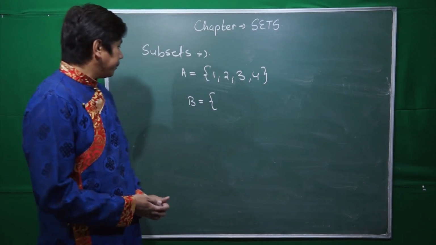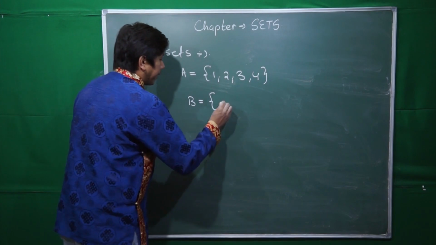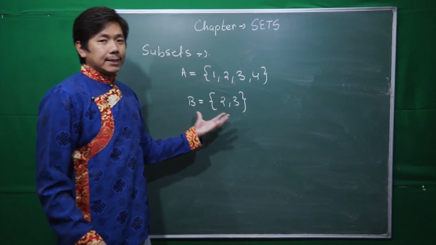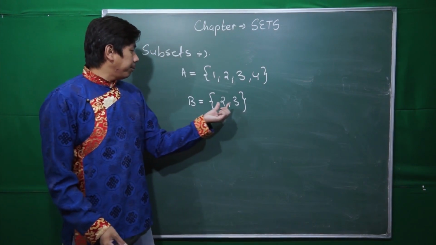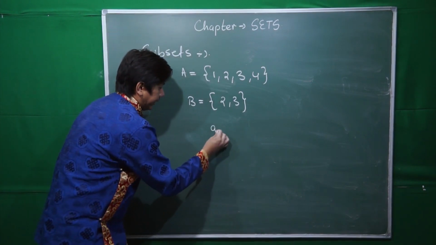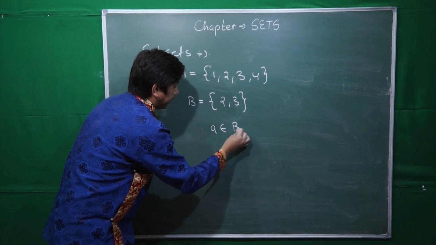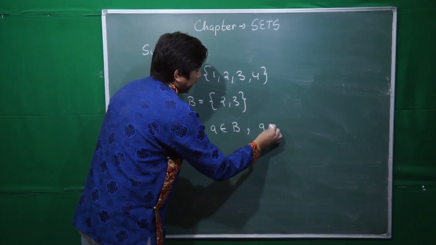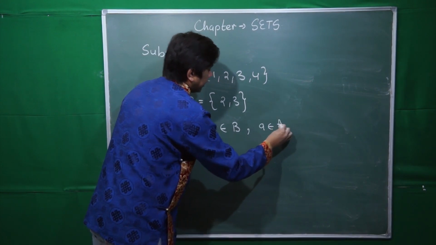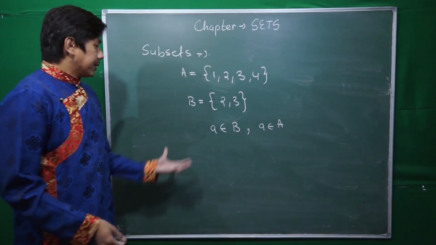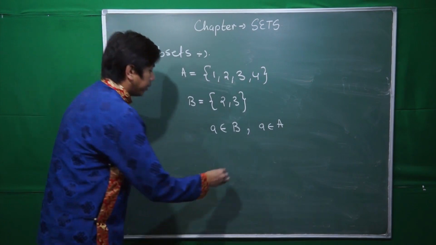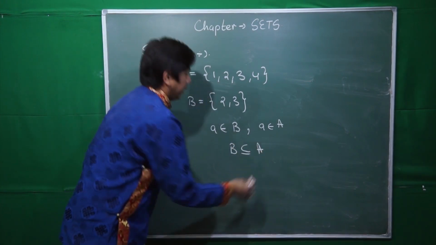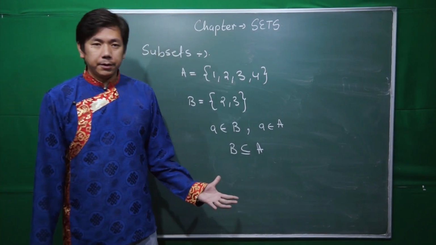Clear? All right. So, for example, if I write 2, 3, then we can clearly see that the elements that belong to B also lie in the set A. Since this is true, therefore, B is a subset of A. Clear?